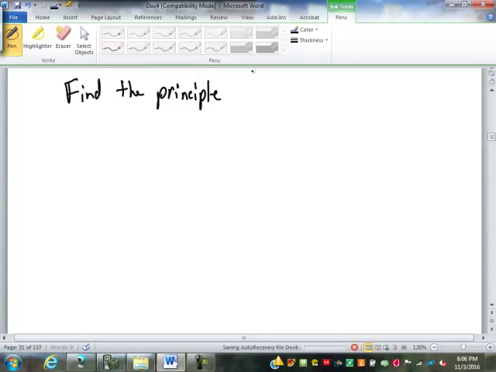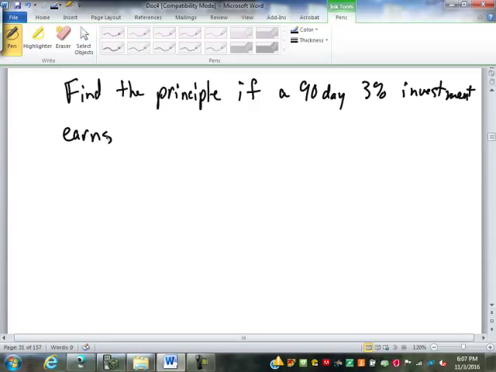So let's look at find the principal if a 90-day 3% investment earns $150 interest.